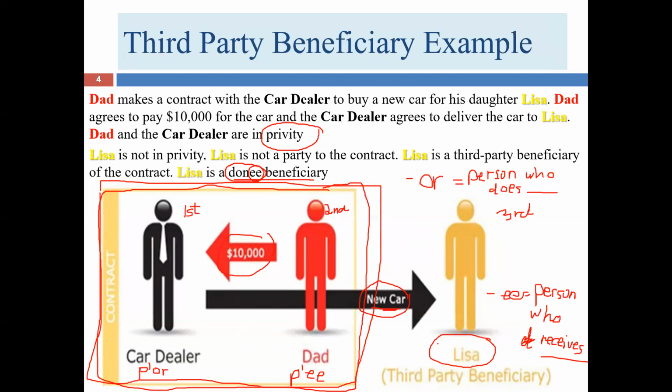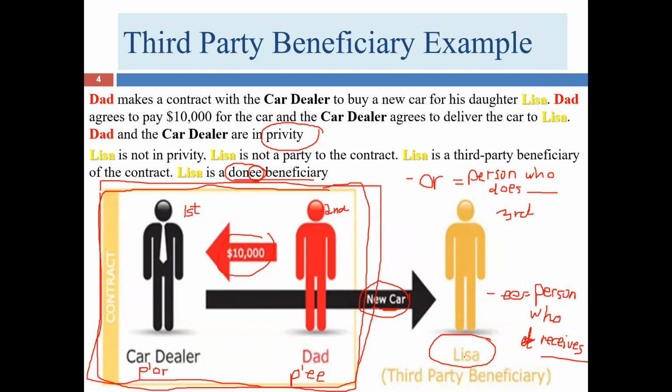Maybe Lisa is actually doing the test drive with Dad, is fully involved in the negotiations, is telling Dad, Daddy, I want that car, not that car. I want this feature, not that feature. She may be very involved in this transaction, and she might actually be doing things or changing her position with respect to it. Let's say she currently has a car.